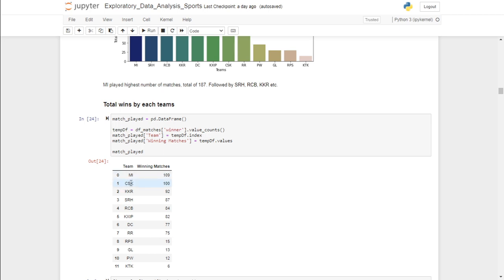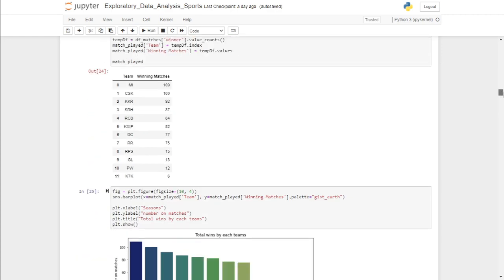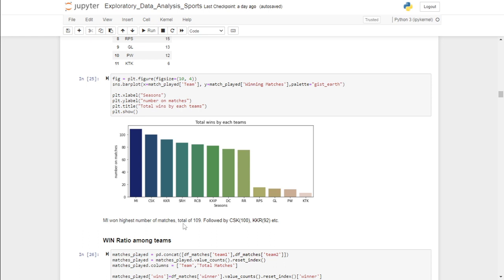You can see that MI wins the most matches, CSK is next, and KKR is followed by, and so it goes. As you can see, RPS, GL, PW and KTK played only 1 or 2 seasons. This is why they are always low in any graph.